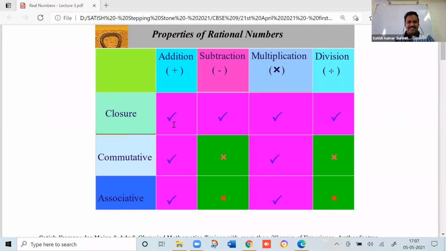Already you have the answer here. What is the meaning of closure property with respect to addition?